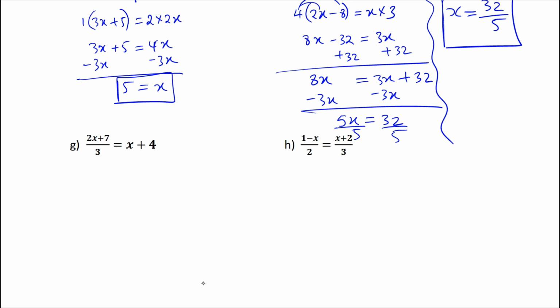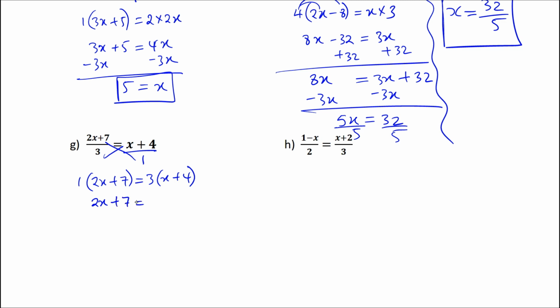Next question. We have 2x plus 7 over 3 is equal to x plus 4. Write this over 1 and then cross multiply. So 1 into 2x plus 7 will be equal to 3 into x plus 4. And then 2x plus 7 will be equal to 3x plus 12.